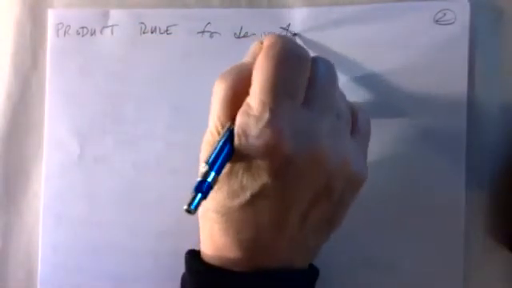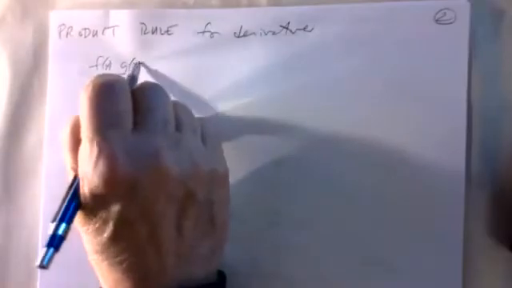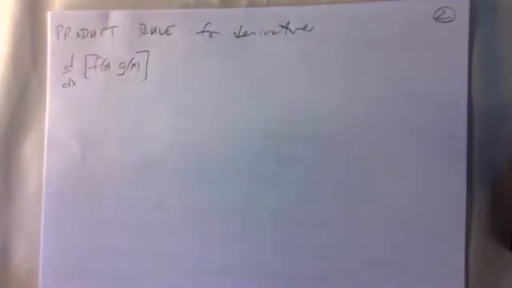So what is the product rule? The product rule for derivatives: we have two functions, f of x and g of x, and we multiply them. This is their product. The question is, is there a way to calculate the derivative of the product of f and g if you know separately the derivatives of f and g?